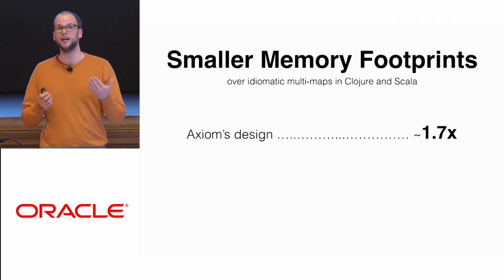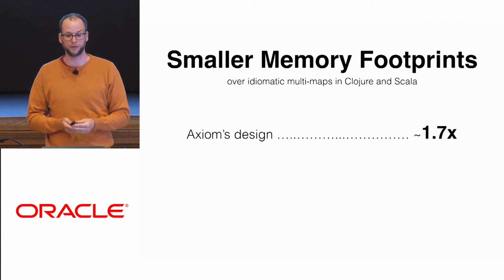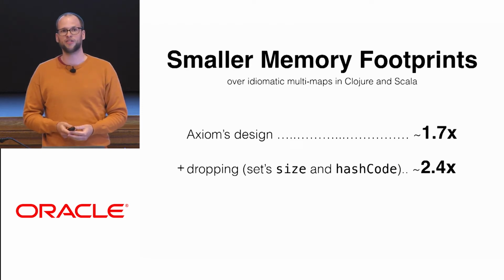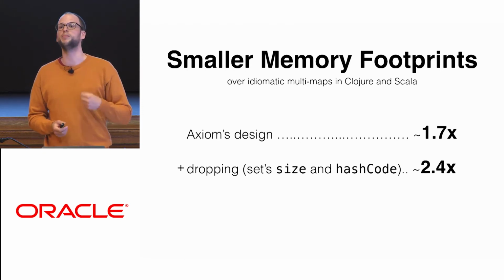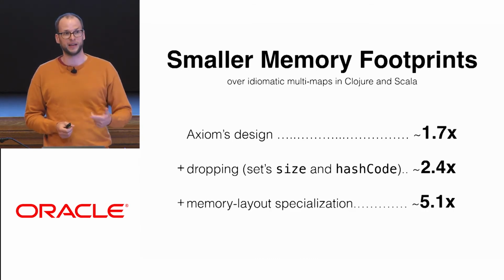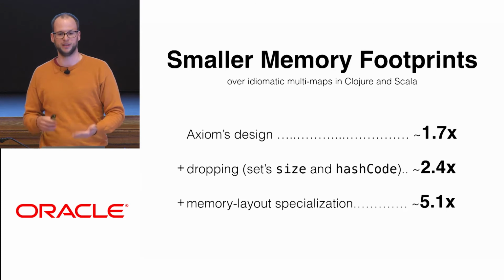So the design alone already pays off tremendously. But once we then drop the size and the hash codes of the nested sets, we get even more memory savings. That's around 2.4x. And if we then consider something like memory layout specializations, we finally get to a 5 times improvement over what ships in Clojure or Scala.